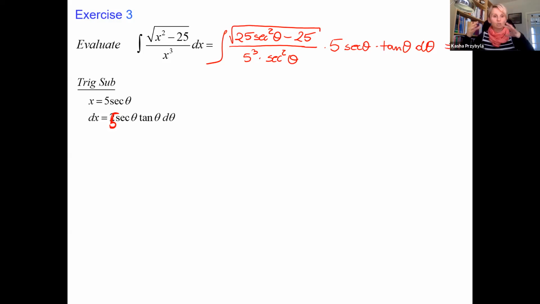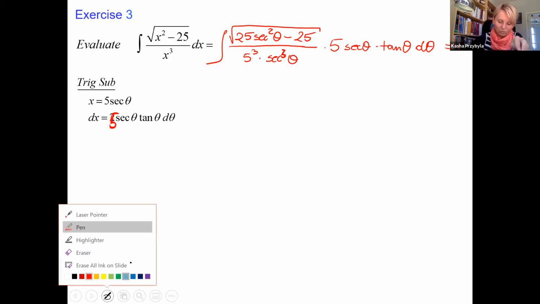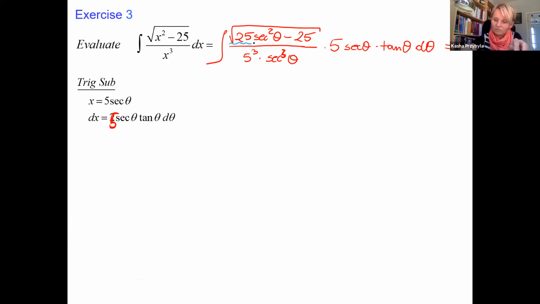It's quite long, but we like the simplification. Yes, thank you, it of course is cubed. Okay, let's take care of the square root. We have to simplify this part.